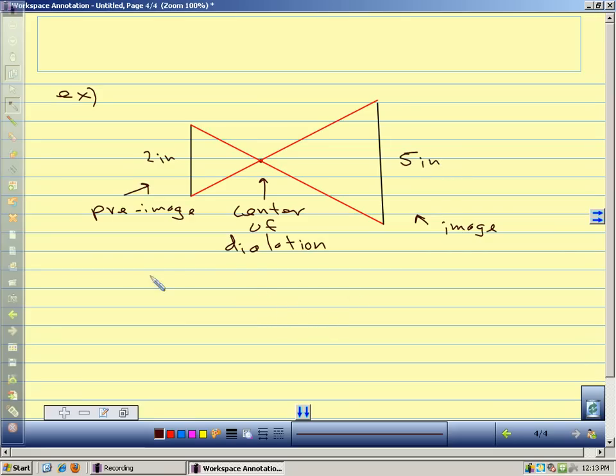And our question is, what is the scale factor? So from this information, how would we figure out the scale factor? Anybody have an idea? What is it, Jay? 5 divided by 2. We want to know how many times bigger the image is than the pre-image. And we figure that out by dividing.